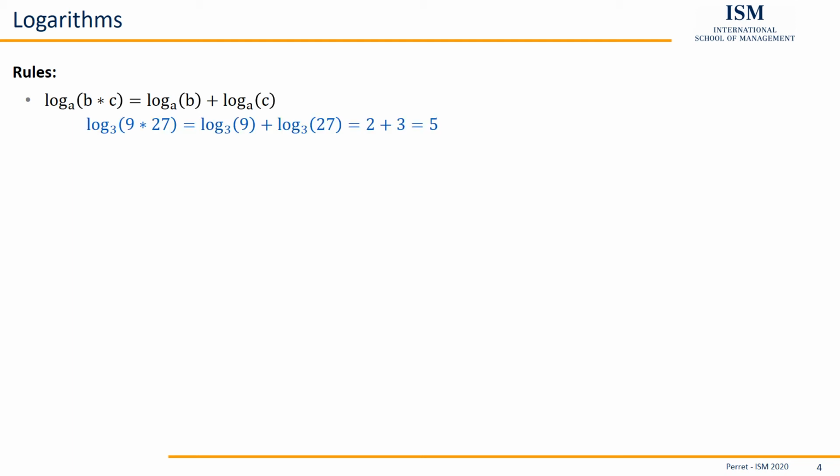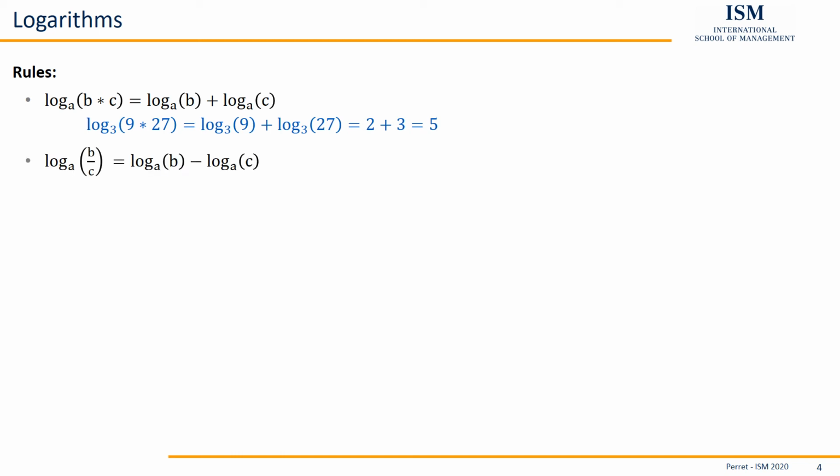So here logarithm to base 3 of 9 times 27 can be written as the logarithm to base 3 of 9 plus the logarithm to base 3 of 27. So we get 2 plus 3, which is 5.